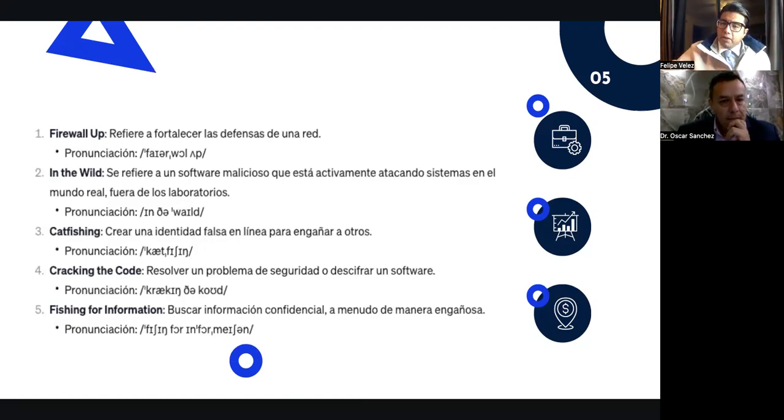Now, when we're talking about compound terms, what is a compound term? Some of these words are going to be used with other words, so we call them compound words. Only in cybersecurity, they have a specific meaning. For example, firewall up. It means to protect it now.